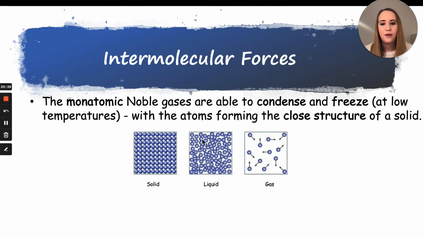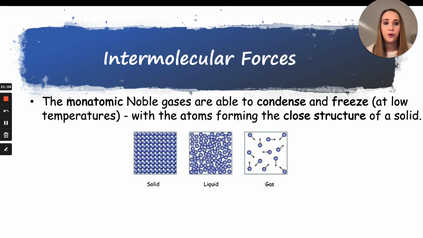What they're doing when they change into those different states is the atoms are coming from being a gas, very far apart, to moving closer and closer together. The only way they would be able to come close together and form the structure of a solid that's very organised is if there was some kind of force between the atoms attracting them together.